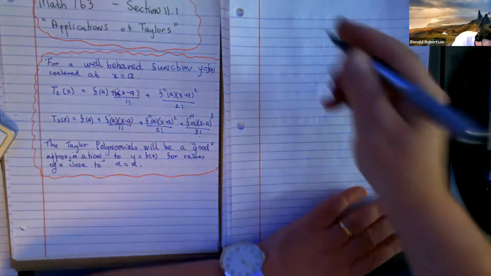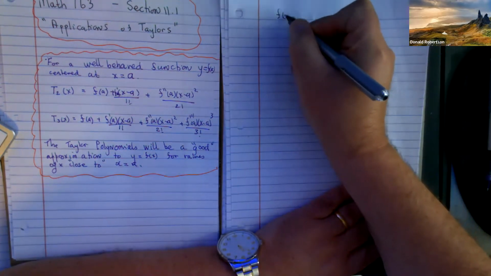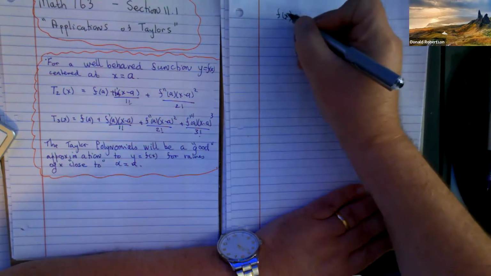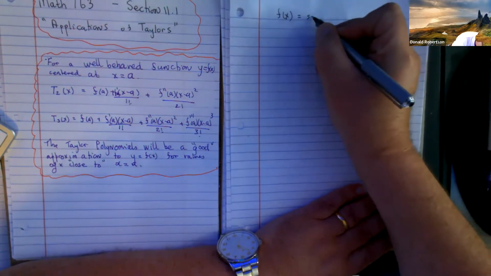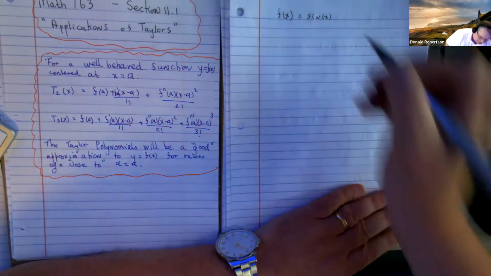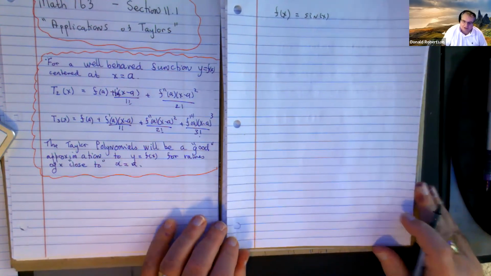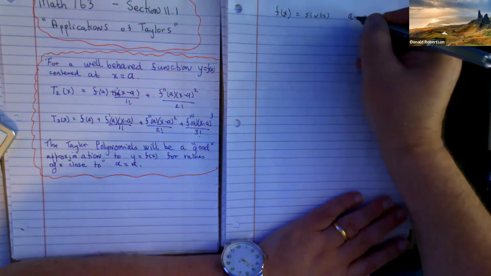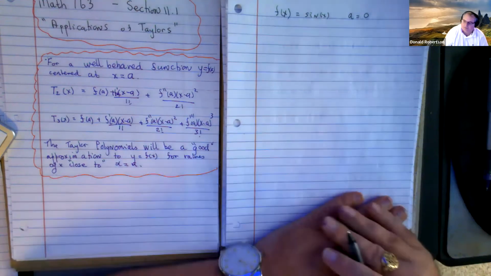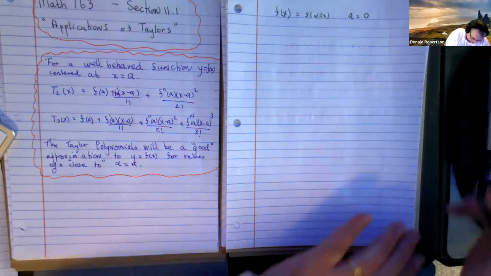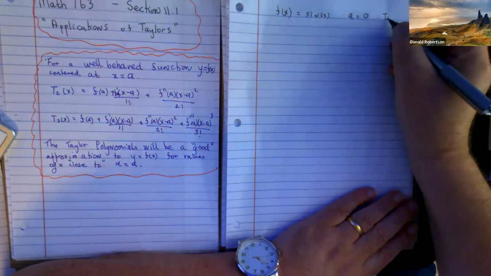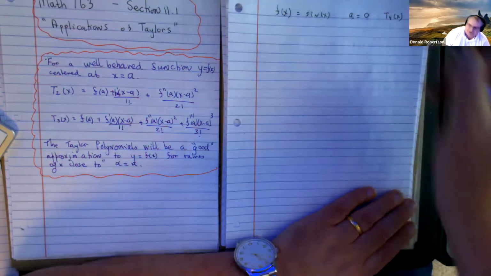So I'm going to pick a pretty nice function, so I don't need to worry about differentiation. I'm going to pick sin x. I'm going to center it at 0. And I'm going to do a T4 of x.